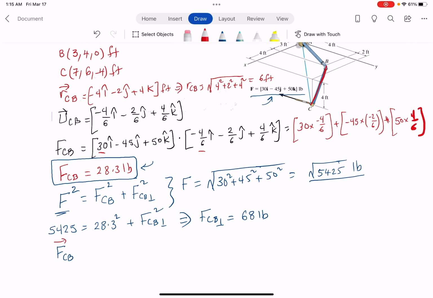So the force along the line CB in Cartesian format is 28.3 times the unit vector CB. Let's say he asks you to find the force perpendicular to the segment CB in Cartesian format. So you have it here, 68 times the unit vector for the segment.